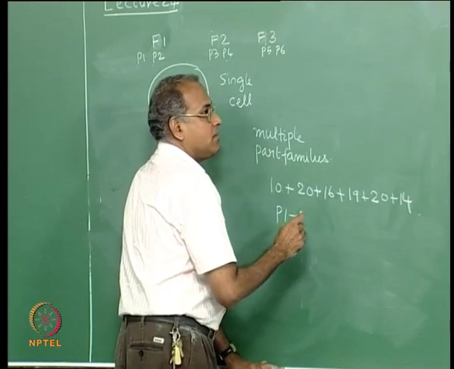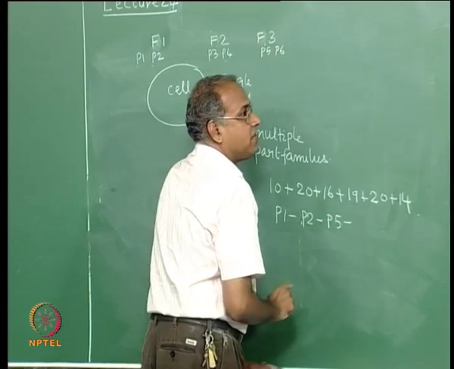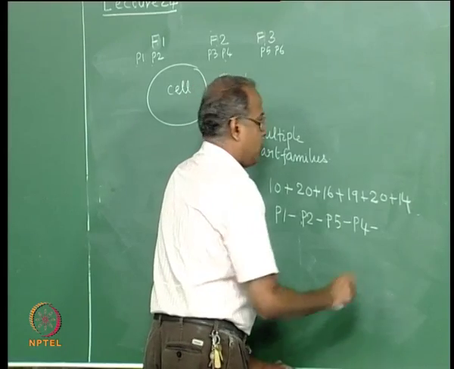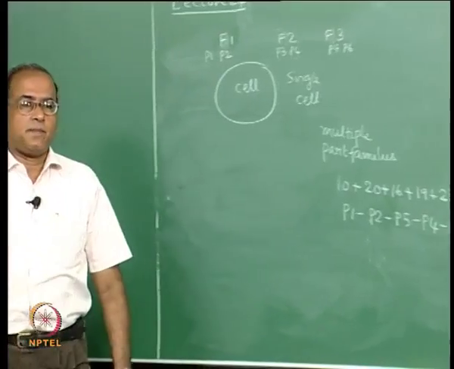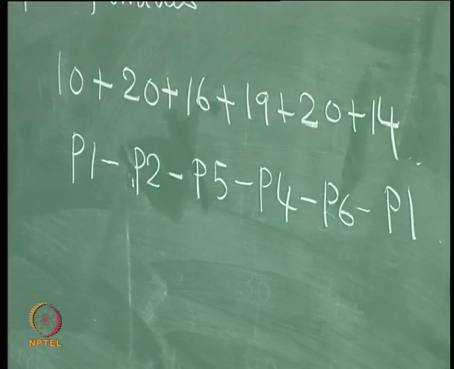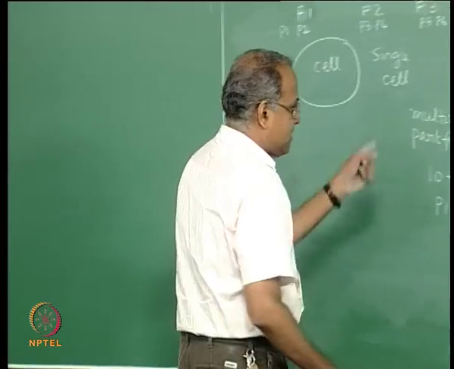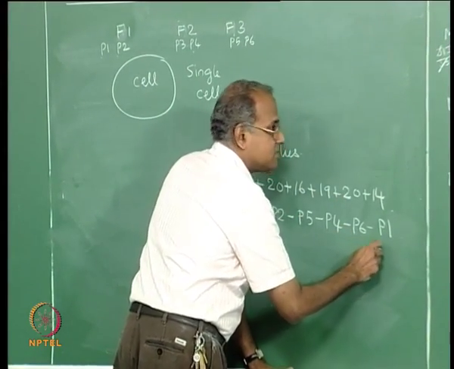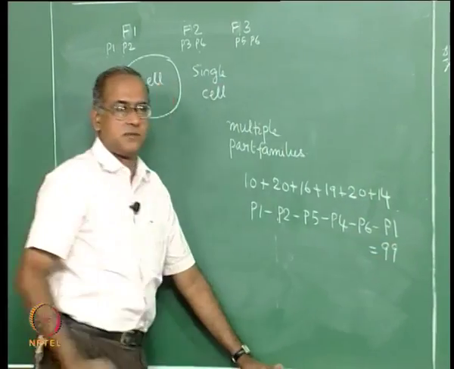So P1 to P2, from there we move to P5, to P4, and from P4 we move to P6 and P6 to P1. So if we use a first in first out heuristic, then the total of changeover times will be 10 plus 20 plus 16 plus 19 plus 20 plus 14, and that is given by 99 units.